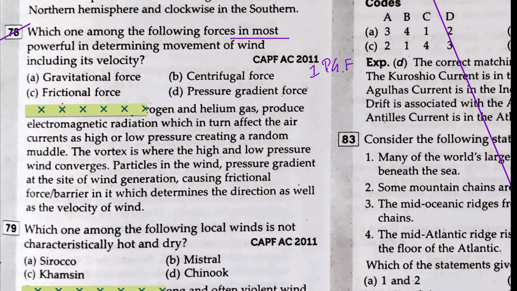That is why we call pressure gradient force the originator of wind. Second force is Coriolis, that is deflection of wind. Third is frictional force, and fourth is gravitational force. This is very minuscule. These three impact the wind direction and velocity the most.